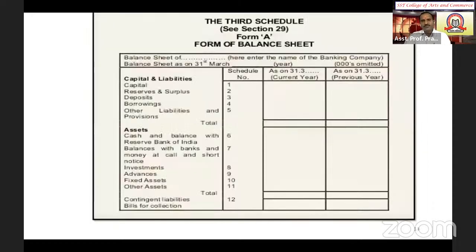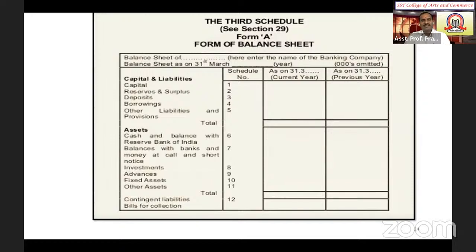Then we'll move to our prescribed format of balance sheet. As we already told, under Section 29, Form A, the balance sheet format is there. As per the Banking Regulation Act, there are 12 schedules in the banking balance sheet. So an objective question will arise: how many schedules are in the banking balance sheet?